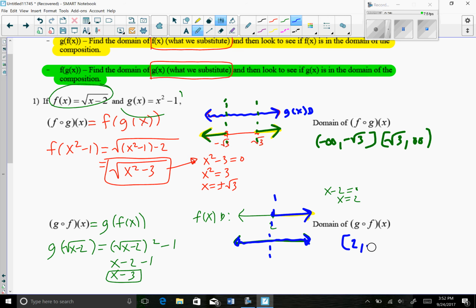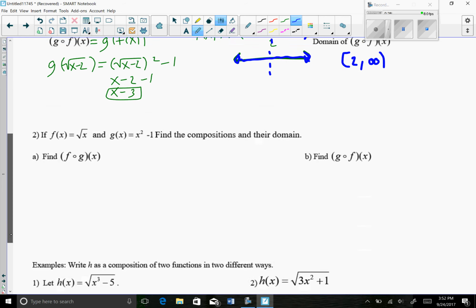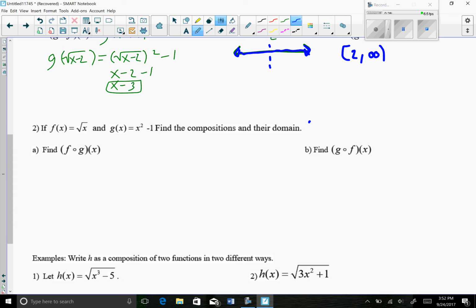And again, you have to be careful because we originally plugged in a square root function, and even though we got rid of it by doing our algebra and the composition, it's still a domain restriction that we have. So that's why we still have to be careful about the values we plugged in because of the original square root in the function. So for this next part, you can do this on your own.